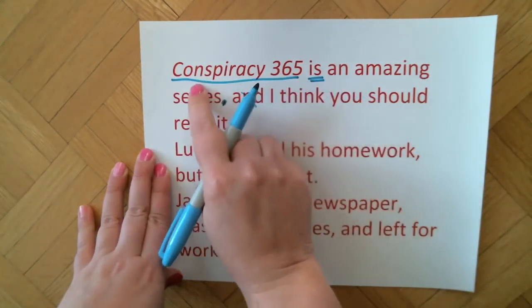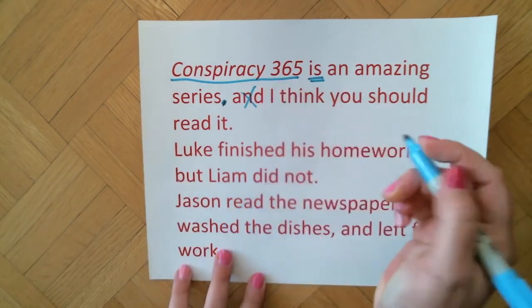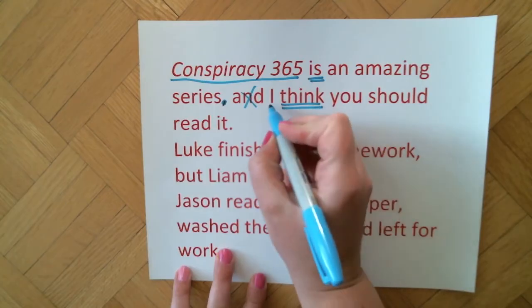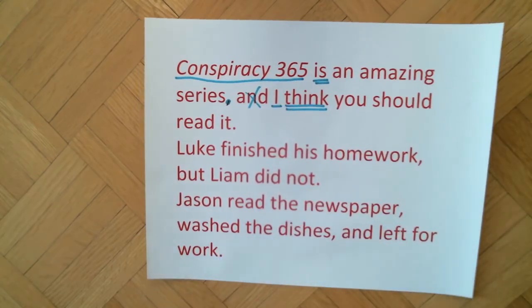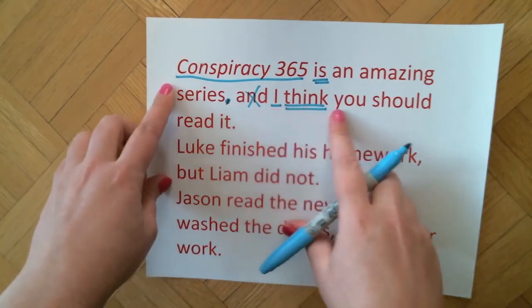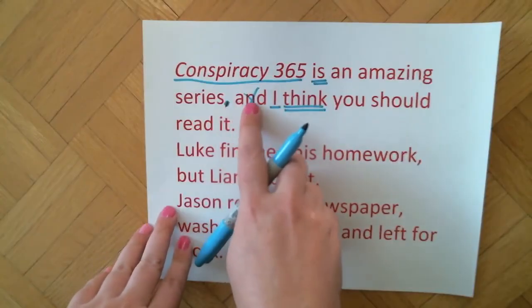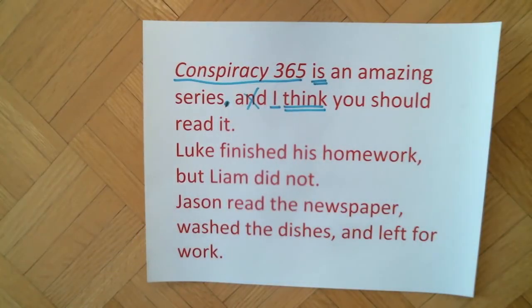Oh, look at this. I have more than one word, by the way, as my simple subject here because it's a proper noun with more than one word in that proper noun. And I have another verb here and a subject here where I've got 2 separate sentences, each with their own subjects, their own predicates, and all I had to do was put a period and cross out my conjunction.